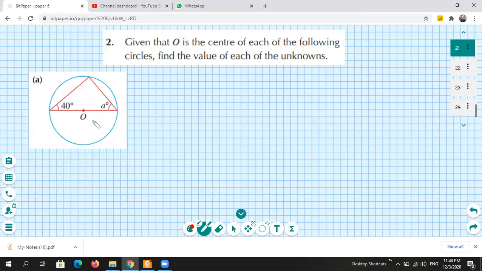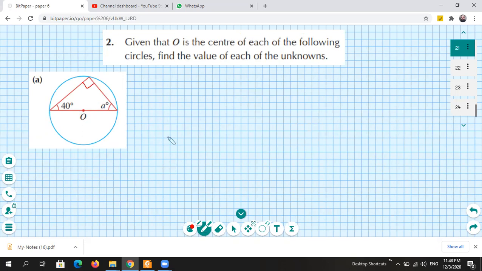So in this figure, you can see that this line, which has the 40-degree angle and A, is a diameter of the circle because it passes through the center of the circle. So we have studied in property number 2, the angle formed by a diameter, or the angle formed on the semicircle, is 90 degrees. So it means this angle will be 90.